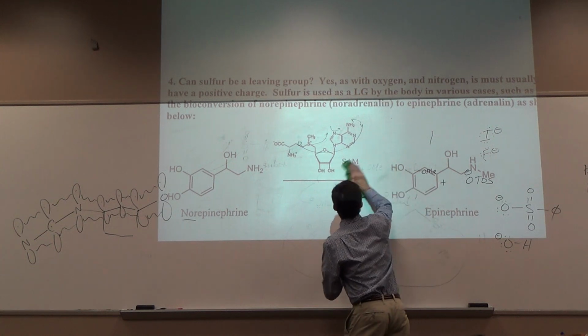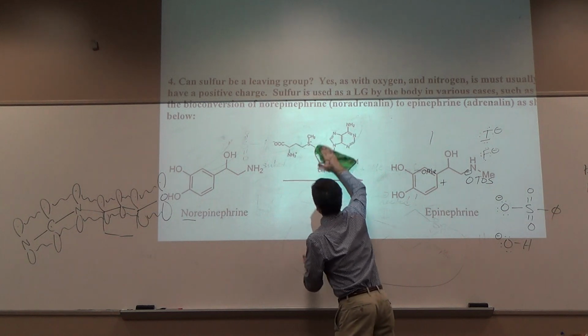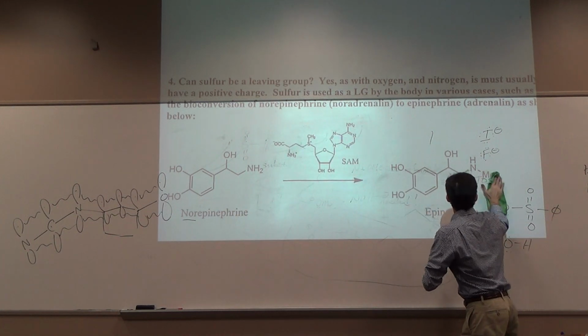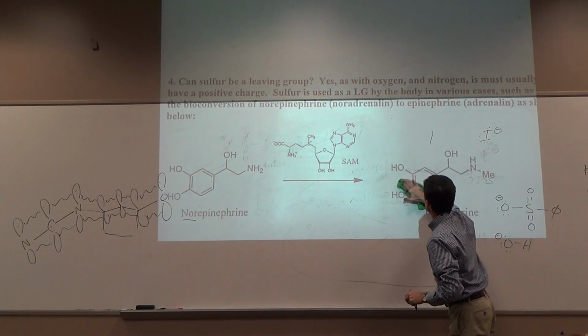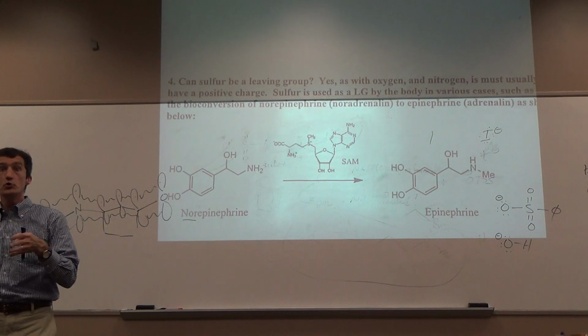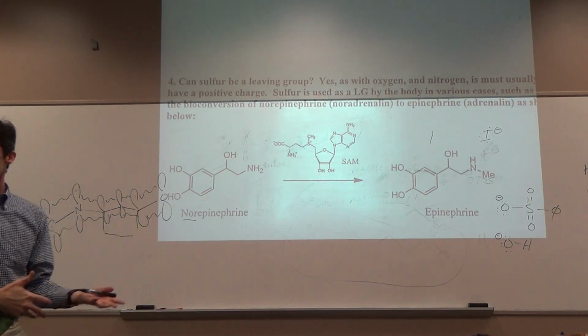What does the nor mean? What's the difference in the structure? This one has an extra methyl or it's missing a methyl? Missing a methyl. Usually when you say nor something, it's missing something compared to the thing without the nor.